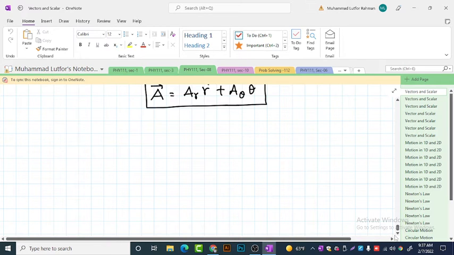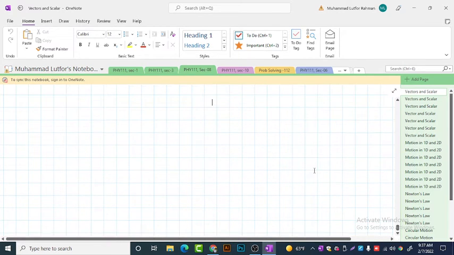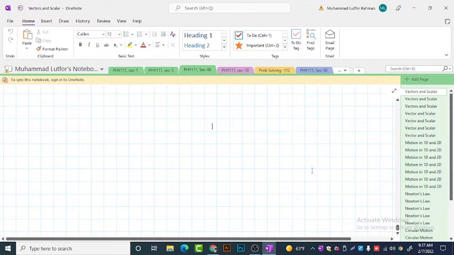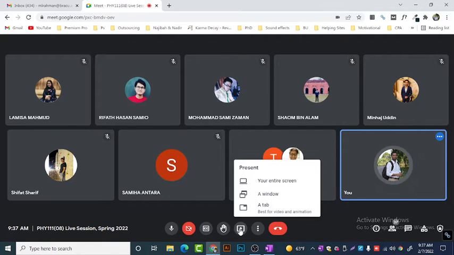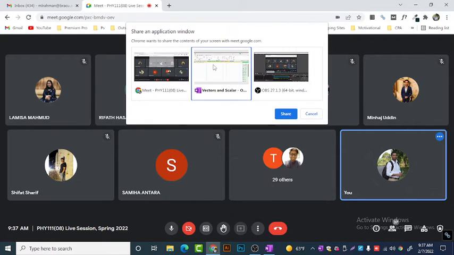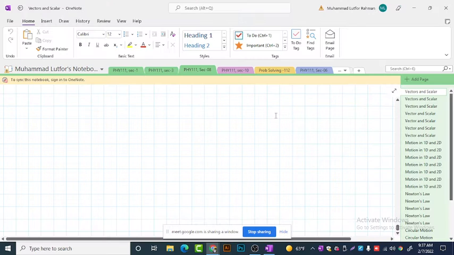In that way, we can extend our idea to other coordinate systems, for example, cylindrical and also spherical coordinate systems. Anyway, now today we are going to talk about the multiplication of vectors.